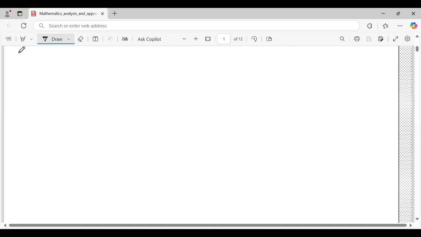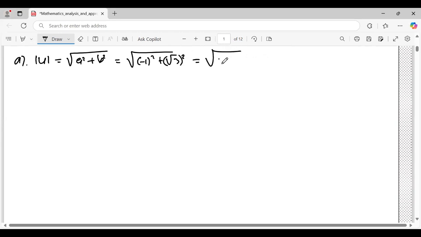So the modulus of u is square root a squared plus b squared. It is minus 1 squared plus square root 3 squared, 1 plus 3, square root 4 is 2.